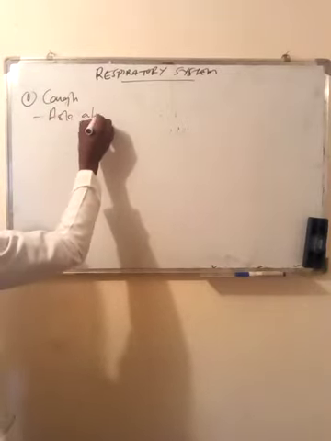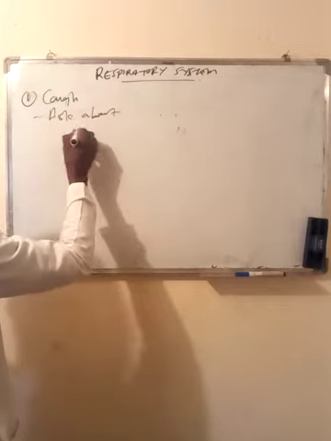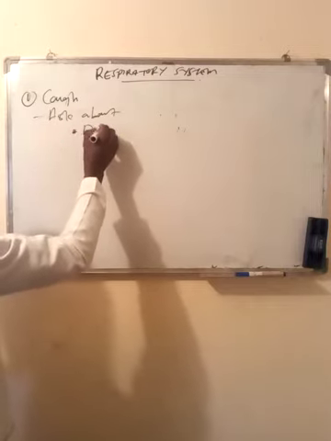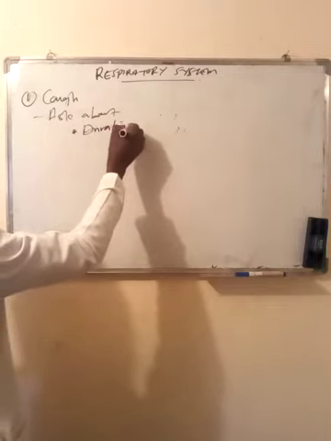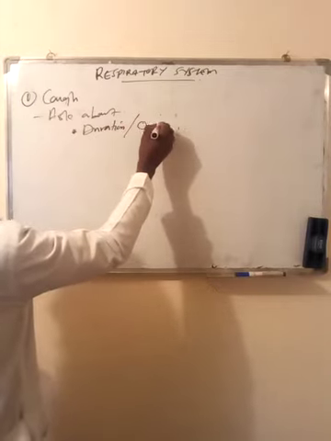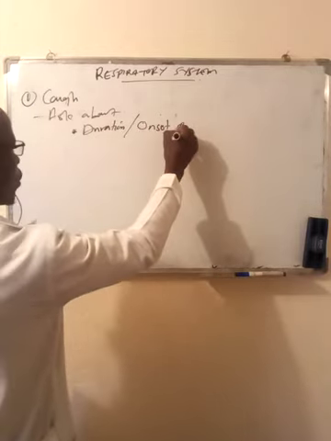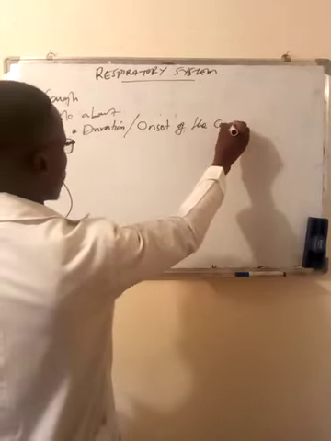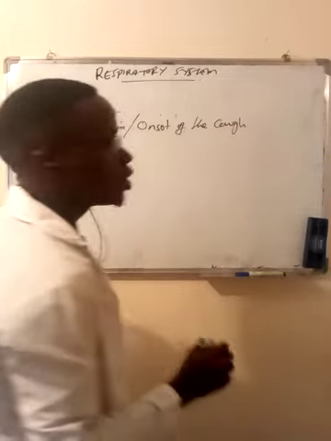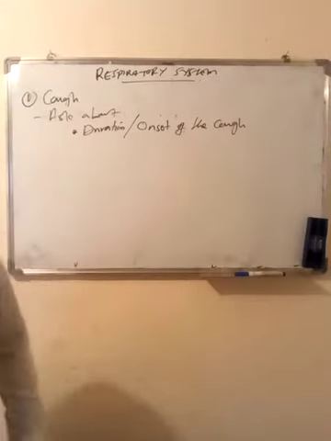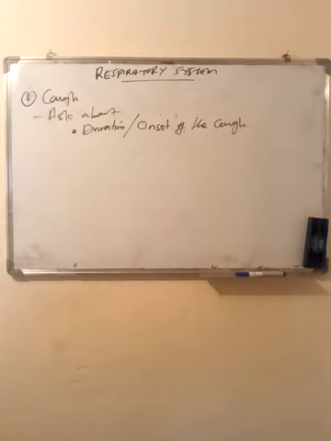So you want to ask how long or when did the cough start? When did you start coughing? Or how long have you been coughing? So this question is going to tell you the duration of the cough.